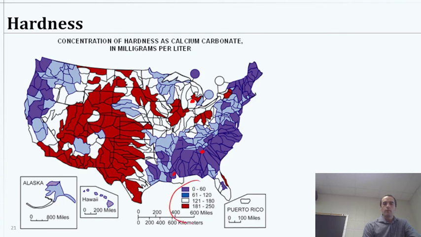If this is our hardness scale here, with 0 to 50, that's the purple. And this is, we'll talk more about this later, milligrams per liter of hardness as Ca. That's the way we quantify it.